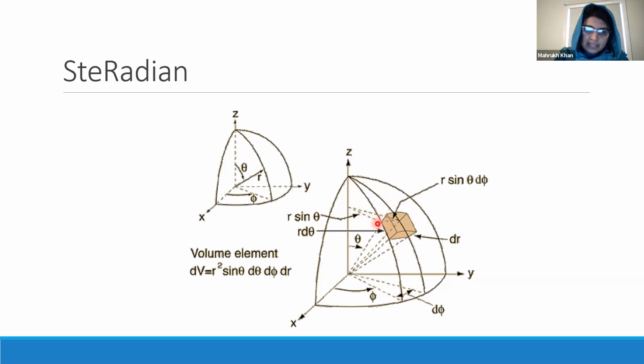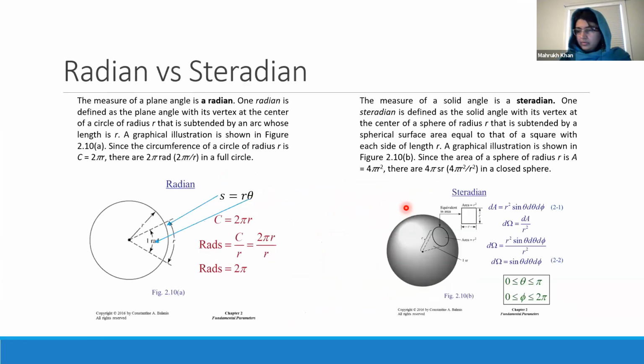To see that this is making a solid angle here, if this is a circle here, let me make it clear again. Have you done steradians before? Okay, it's fine.